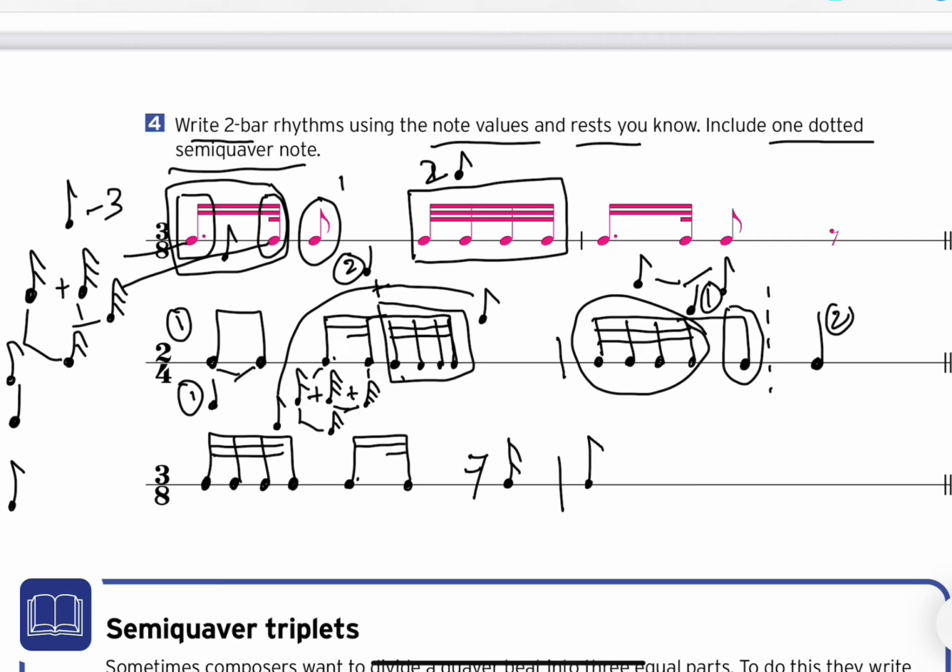Then we'll go to one rest and one note again for demi-semiquaver or for semiquaver. So we completed two quavers here, and at the last simple we can again use this.